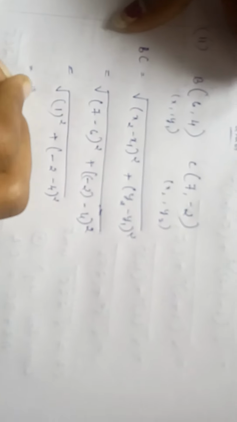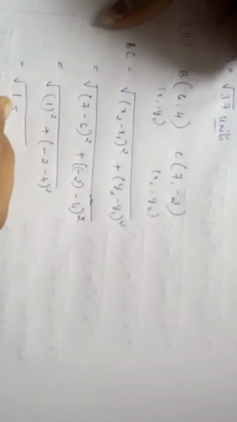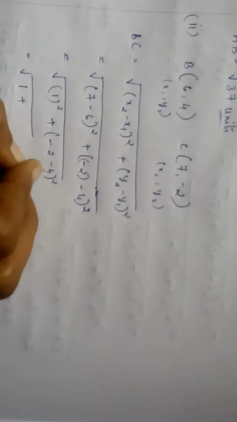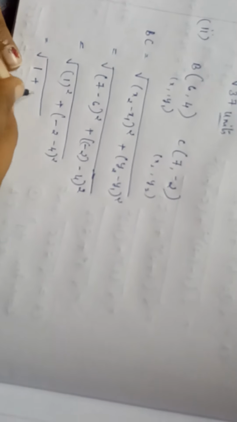That is square root of 1 square is 1 plus minus 6 whole square, that is 6 square is 36. BC is equal to root 37 units. Got it? Put a square bracket around the answer to highlight it.